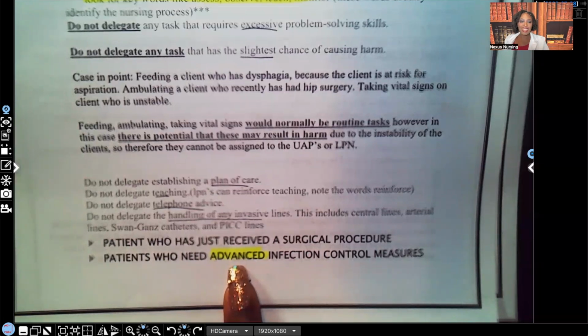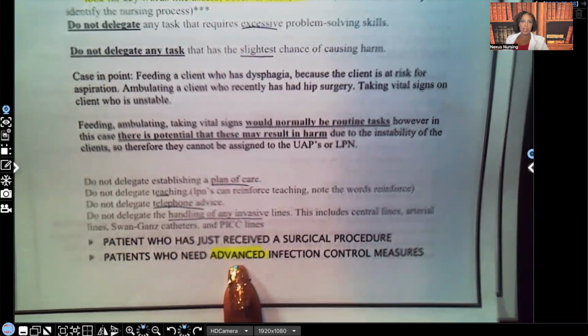Your meningitis patient, that's in isolation. You, the RN, you're keeping that patient. Your TB patient, you're keeping that patient. Those advanced infection control measures, that neutropenic patient with leukemia, you're keeping that patient, okay? That's the key word, advanced.